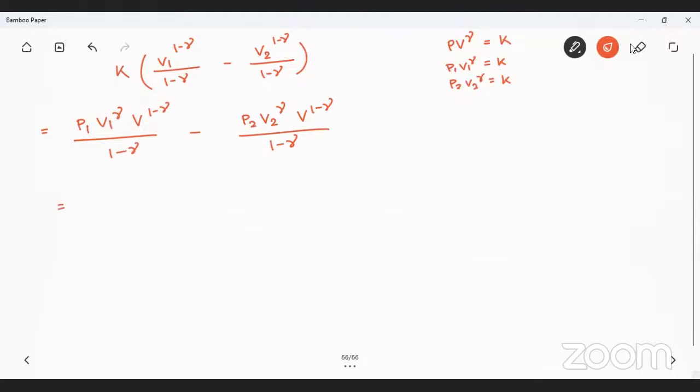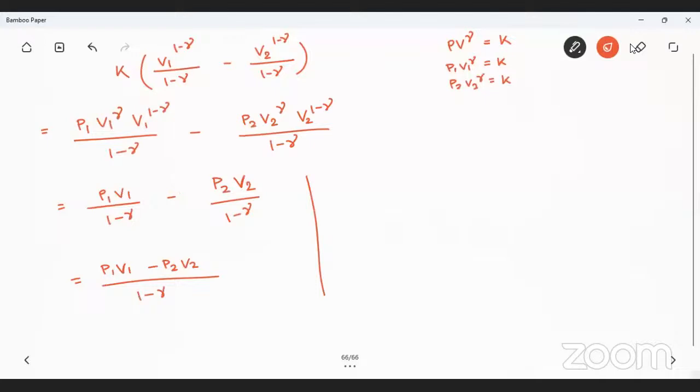So, see, gamma will cancel out. So it will be P1 V1 to the power 1 minus gamma minus P2 V2 to the power 1 minus gamma. So it will be P1 V1 minus P2 V2 divided by 1 minus gamma. So it will be P2 V2 minus P1 V1 divided by gamma minus 1, from here to here.